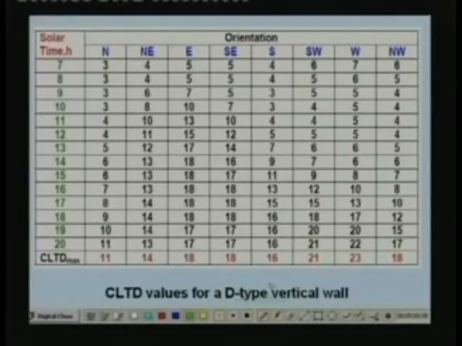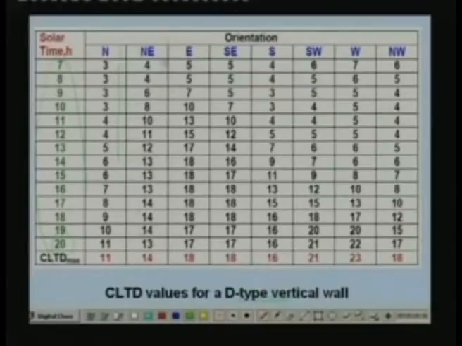You can see here that the cooling load temperature difference is given at different solar times, starting with 7 o'clock in the morning to about 8 o'clock in the evening, and for different orientations of the wall. For example, if it is north facing, northeast facing, east facing, southeast facing, etc. And you can see here that for a particular orientation the cooling load temperature difference varies with time. For example, for a north facing wall it increases, it reaches the maximum of 11 degrees at about 8 p.m.